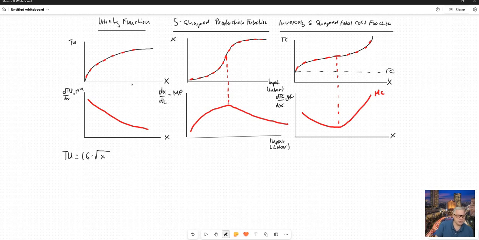And the square root of x could also be written, if you prefer it this way, like 16 times x raised to the 1/2, not negative 1/2, 1/2.